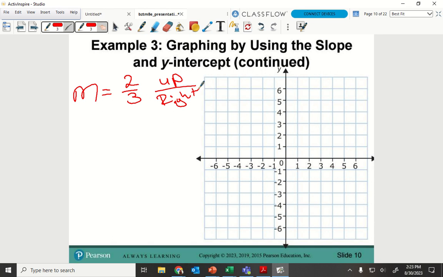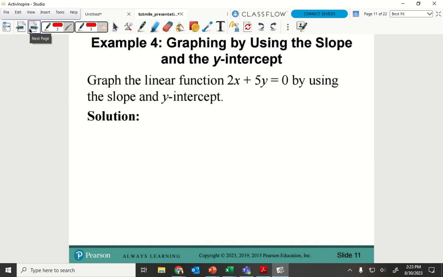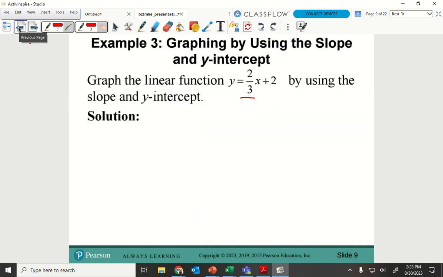Now my b is the y-intercept. So from the previous problem, what was my b value? Go look at the equation on the previous problem right there. What was the b? 2. Where did we get 2? There you go. This is my b.